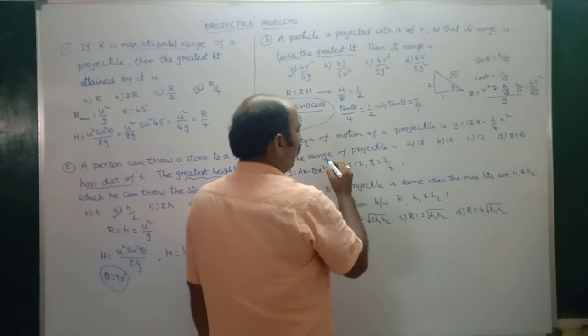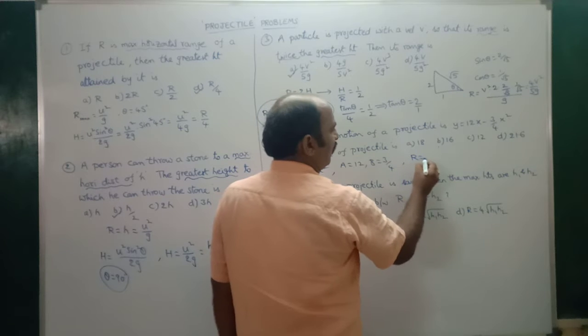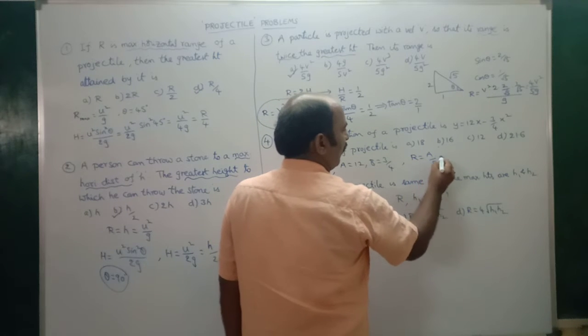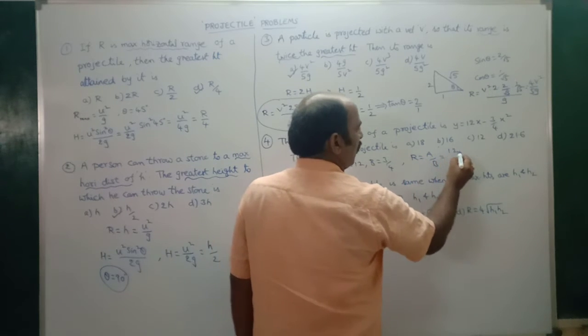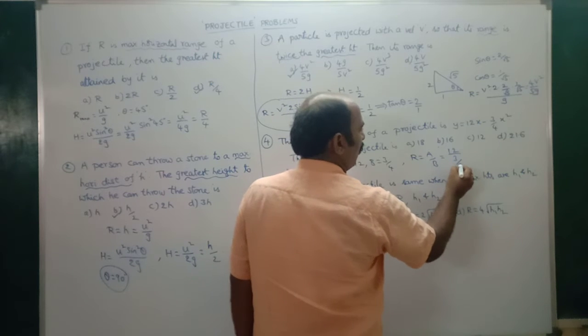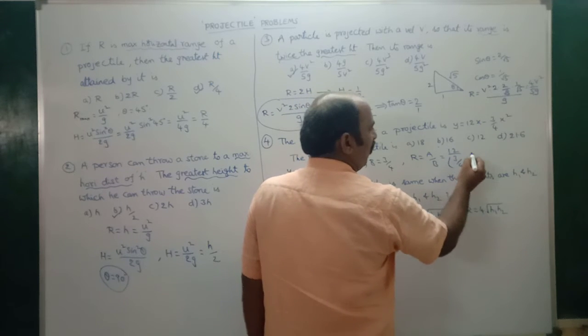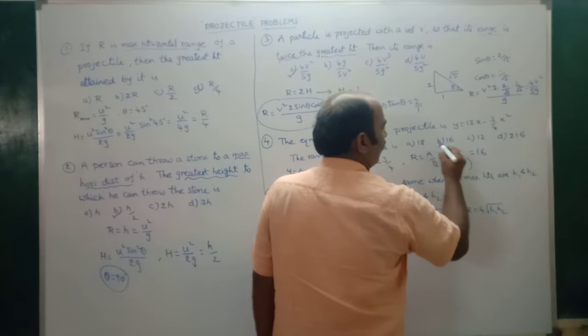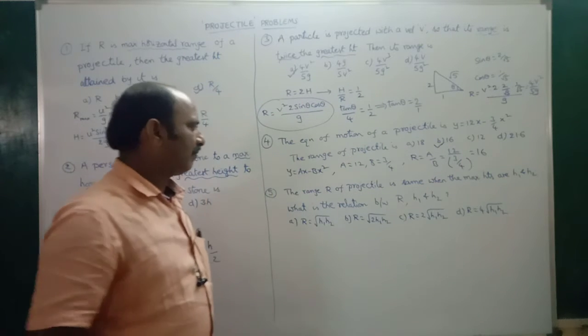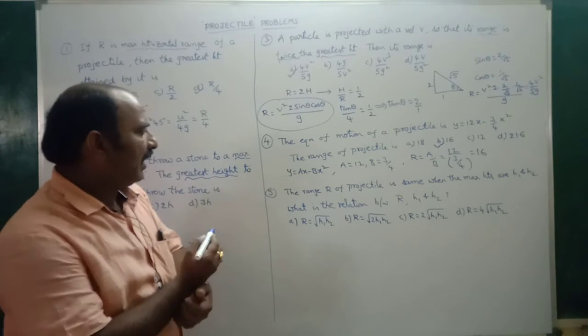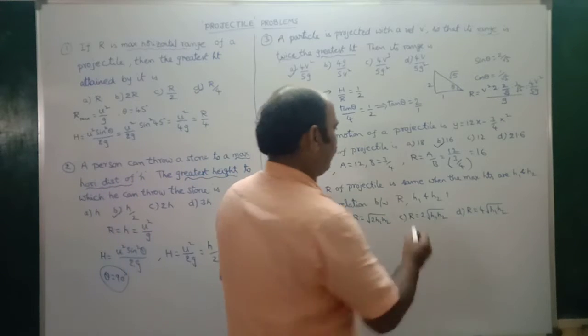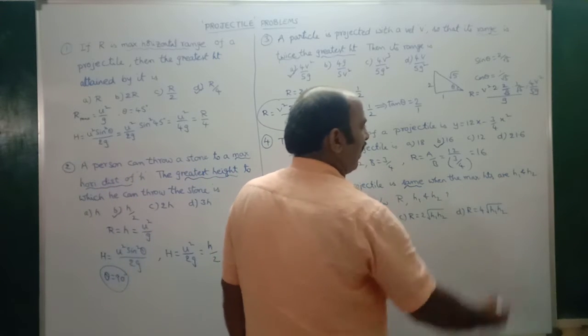Now you know one formula for range, R is equal to simply a by b. A value is 12, b value is 3 by 4. So 12 into 4, 48 by 3 is 16. Option B is right.